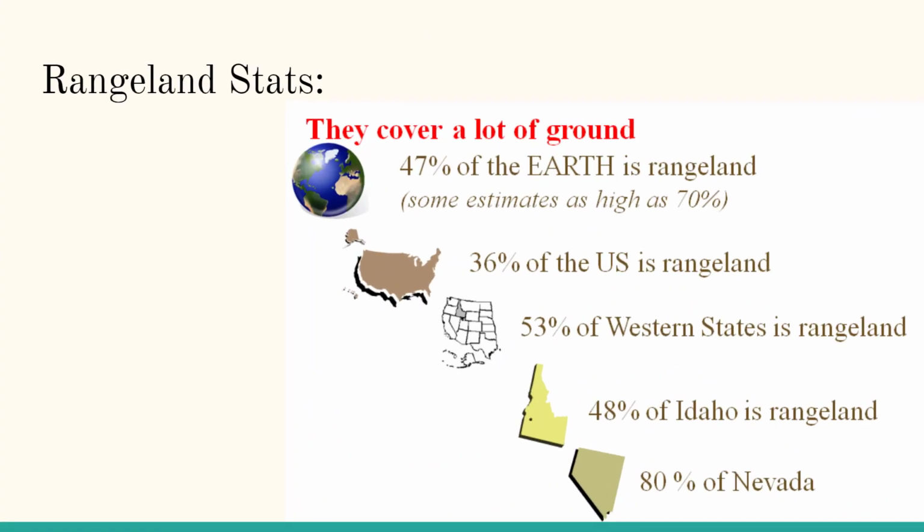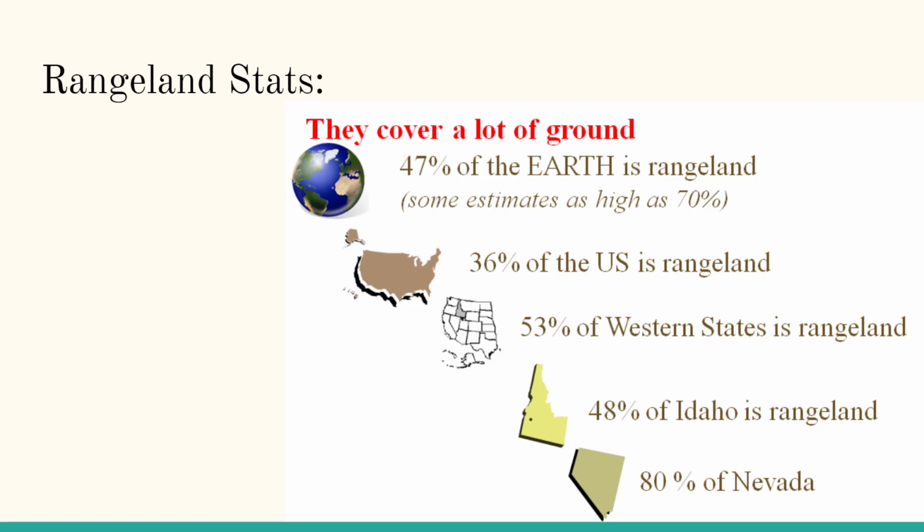A few statistics for you. If we look at the land mass in the whole world, 47% of the Earth is classified as rangeland. There are some stats out there that estimate as high as 70, but 47 seems to be a pretty consistent number. Here in the U.S., 36% of all the acreage is classified as rangeland.